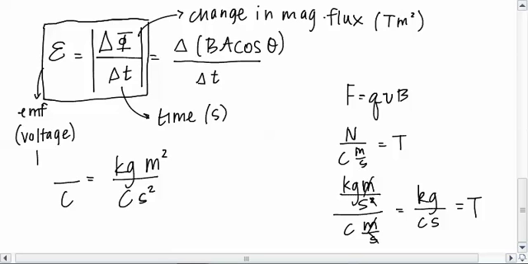A Newton is a kilogram meter per second squared, and then times meter. Does that work out? Kind of crazy. You can take a Tesla meter squared and divide it by seconds and get voltage. But that is it. My little unit proof.